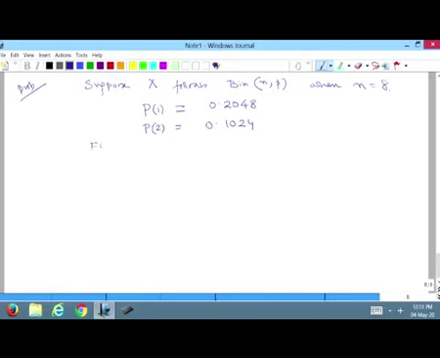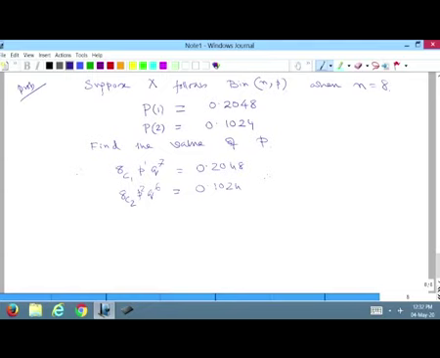Find the value of p. Therefore, probability of 1 is equal to 8C1 p to the power 1 q to the power 8 minus 1, that is 7, is equal to 0.2048.